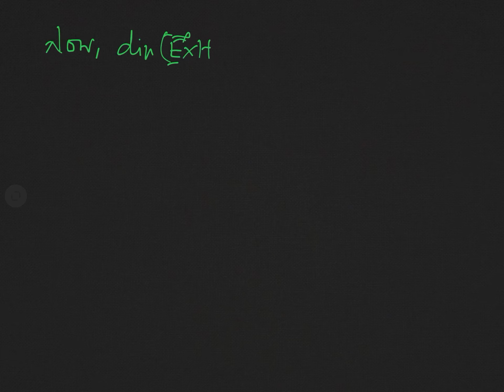Now let us take the divergence of E cross H plus curl M, where M is an arbitrary vector. You can take any vector, then what will be the result?